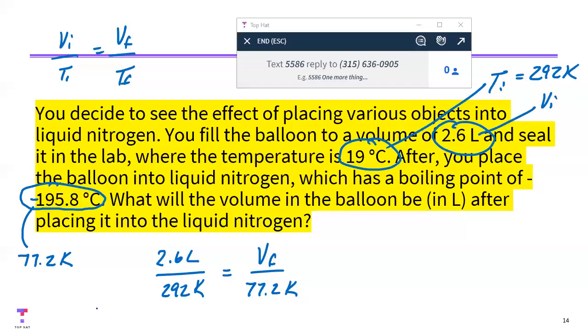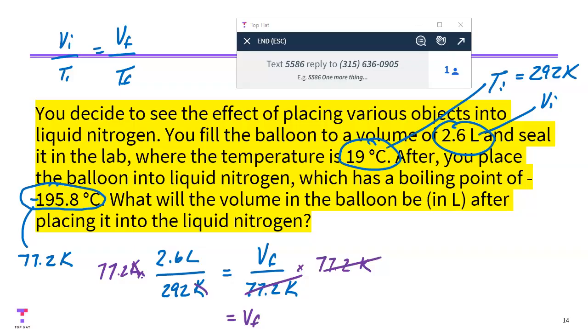These kinds of gas laws are an exercise in relatively simple algebra usually. So to get VF by itself, I need to multiply each side by TF, 77.2 Kelvin. Right-hand side of the equation is going to cancel everything but VF. Left-hand side of the equation, Kelvin is going to cancel.